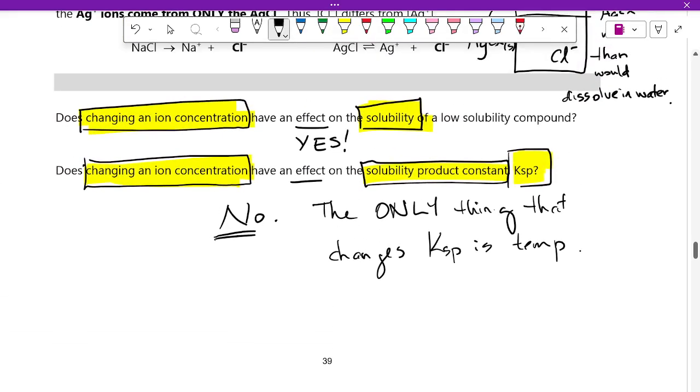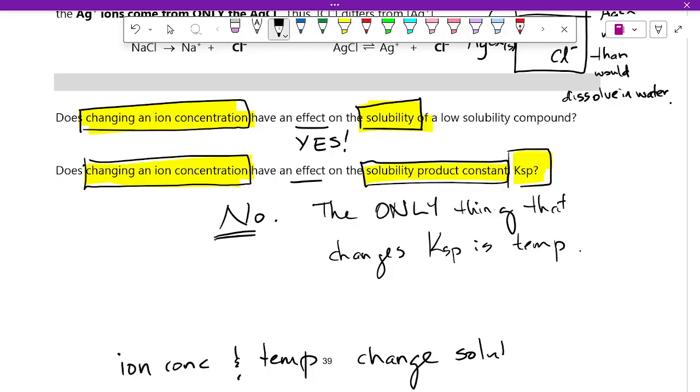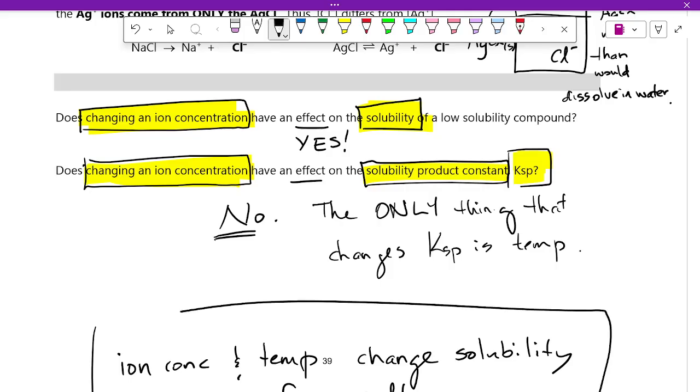So those are the things that will change the solubility of a salt: ion concentration and temperature. What are the things that don't change the solubility of a salt?